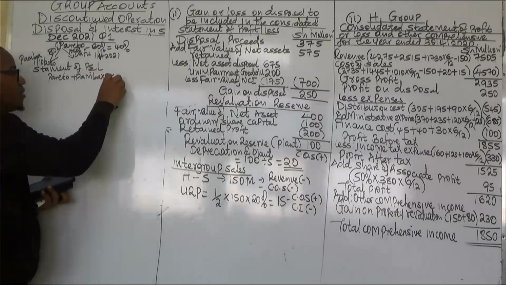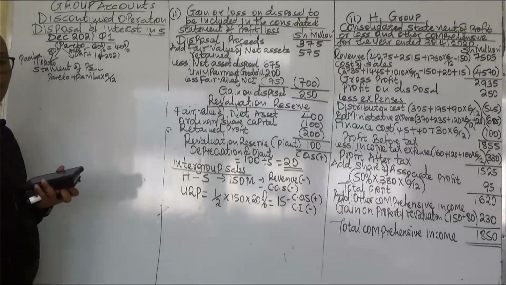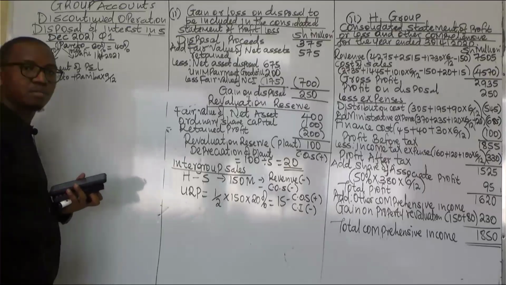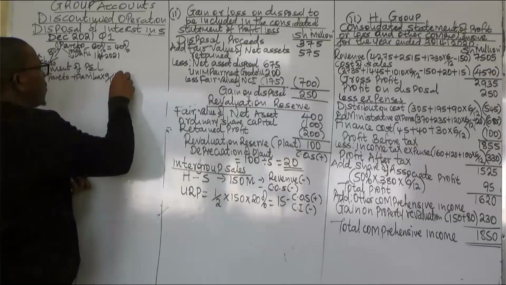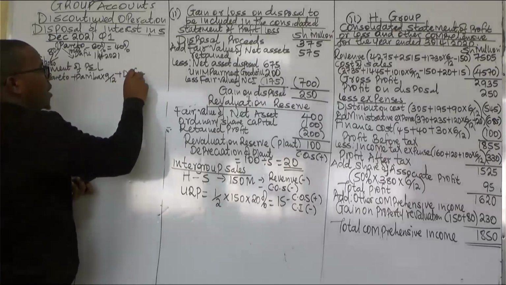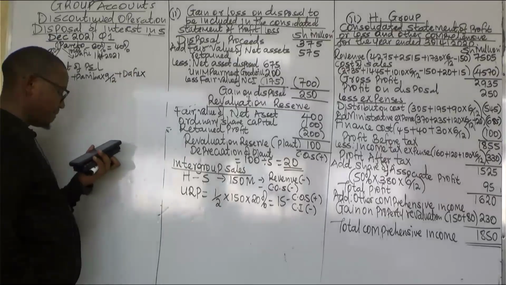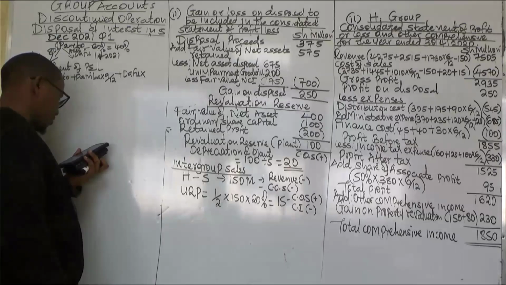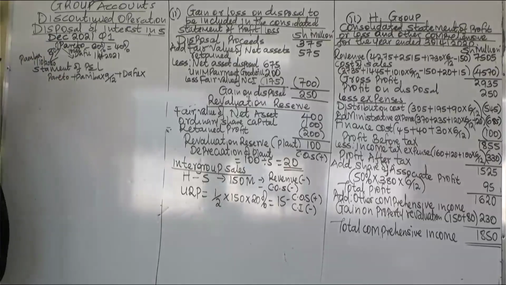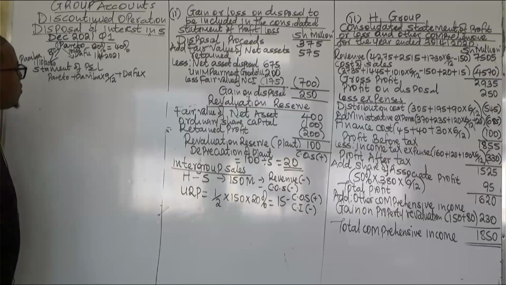So this one we would consolidate for only 9 what? Months. That's right. And then for Darfur, when was he disposed? He was disposed on the 1st of April 2021, meaning he had existed as a subsidiary for how many months during that year before he was disposed of?